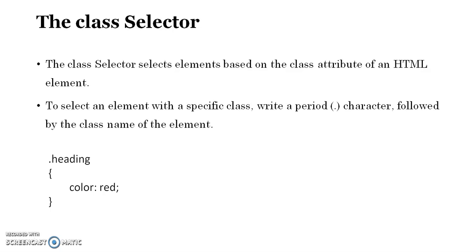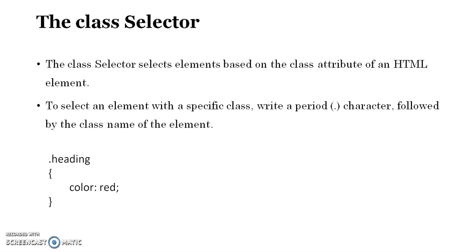This heading is the class name you already provided to your h1 element and p element. So whenever you write dot heading and the color goes to red, then the color of both your heading h1 and your paragraph element will be red. So the same class name you can apply to different HTML elements.